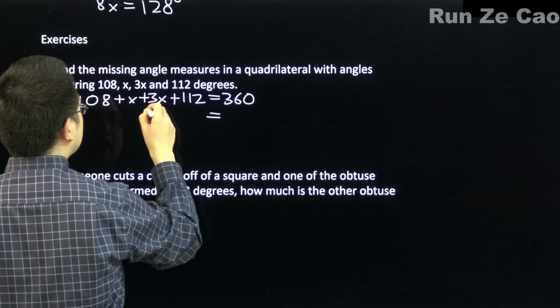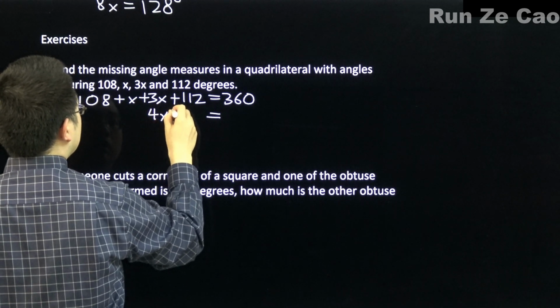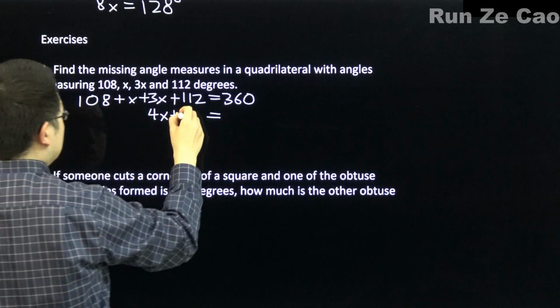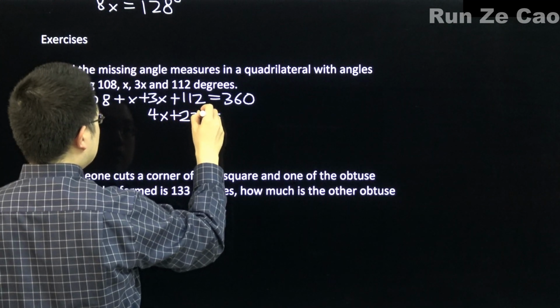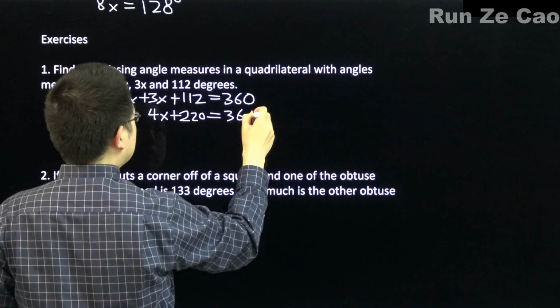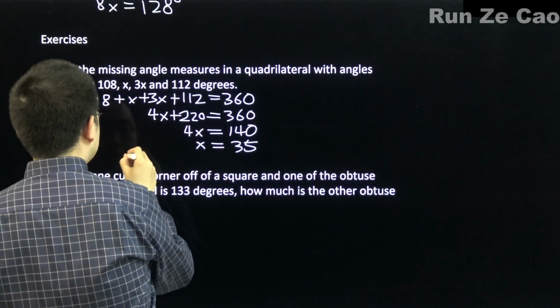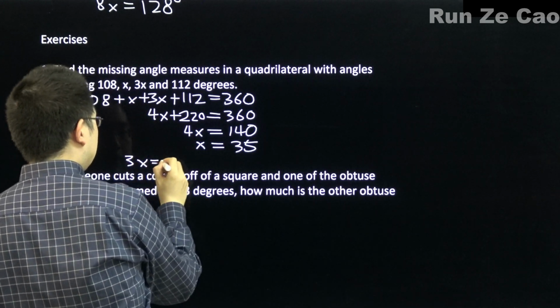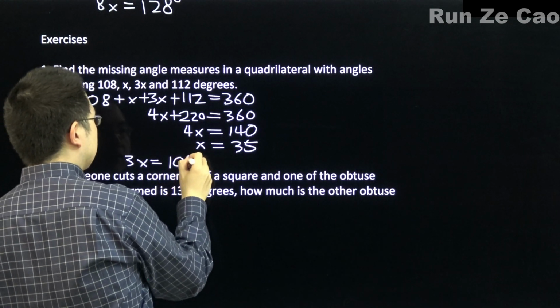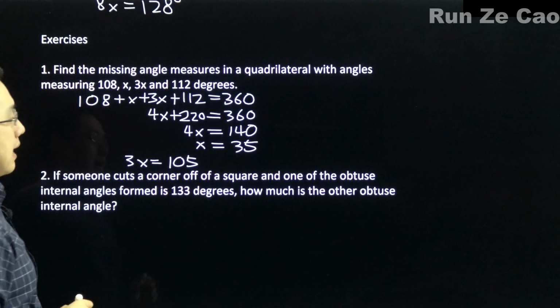Therefore, 4x plus 220 equals 360. So x equals 35 degrees, and 3x is therefore equal to 105 degrees. Okay?